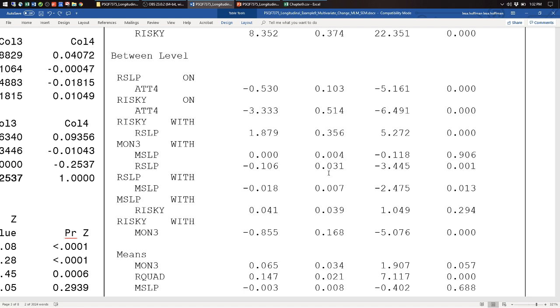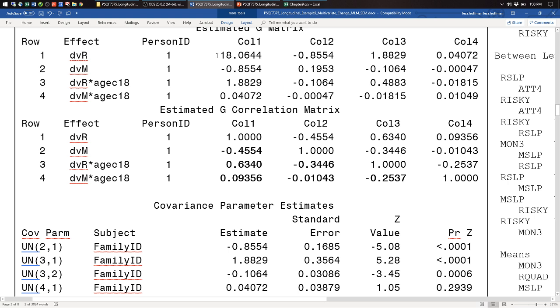Here's the covariance between the risky intercept and slope that would be in the G matrix. Next are the slope covariances for monitoring and risky with the monitoring intercept, and then the slope covariance and all the other covariances, etc. If you match those, you would find them over here in the G matrix.